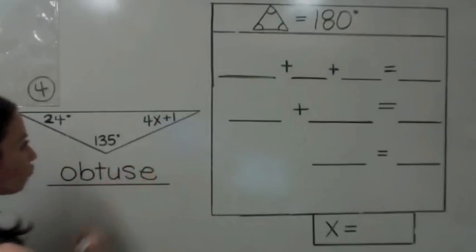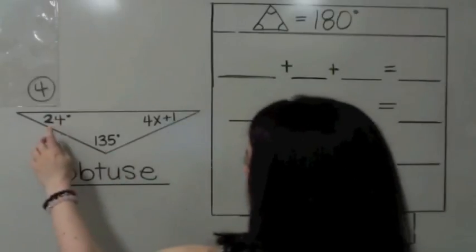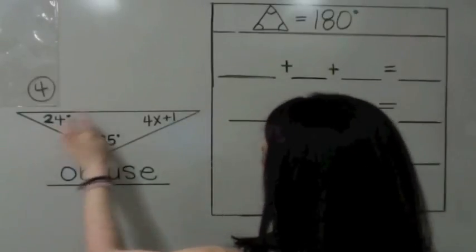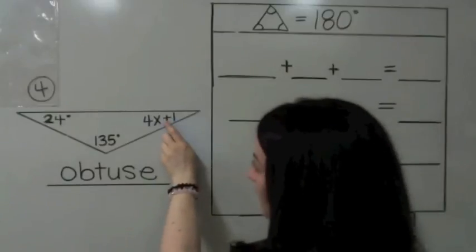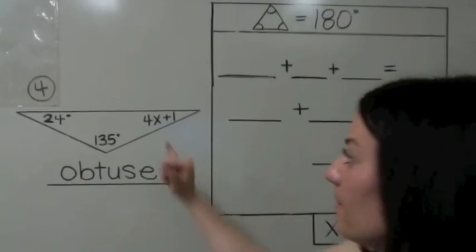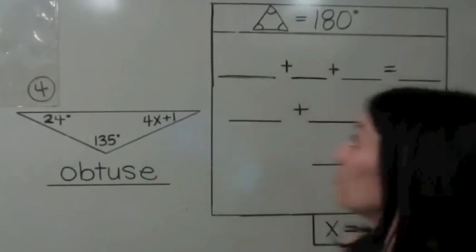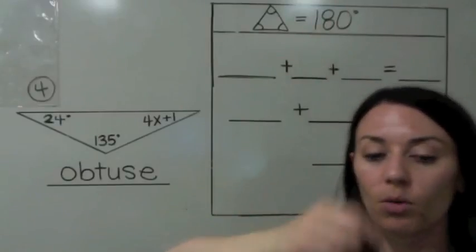All right. Great. So we have 135 degrees plus 24 degrees plus whatever this is going to be, 4x plus 1. We've got to figure out what this angle is, and we know that those three angles are going to add up to be how many degrees? 180 degrees.